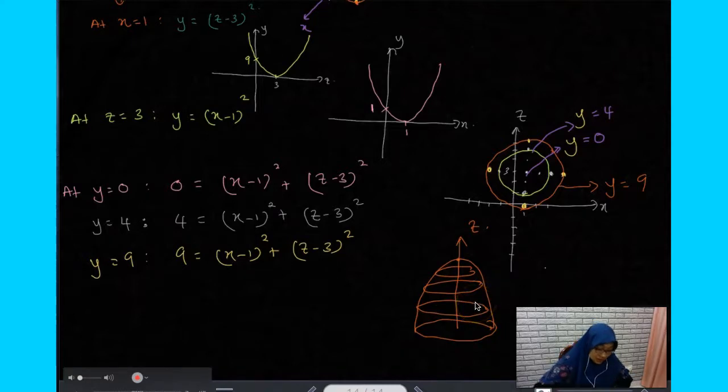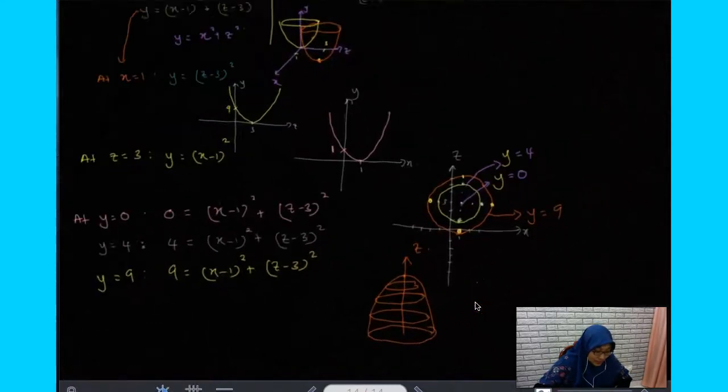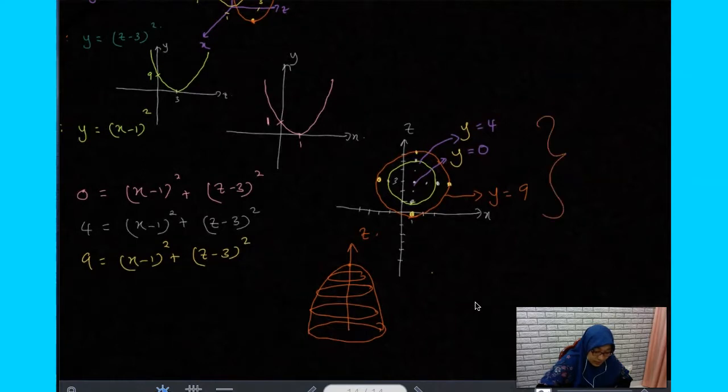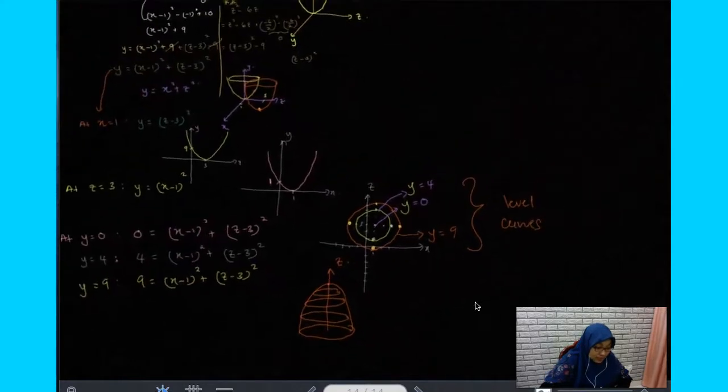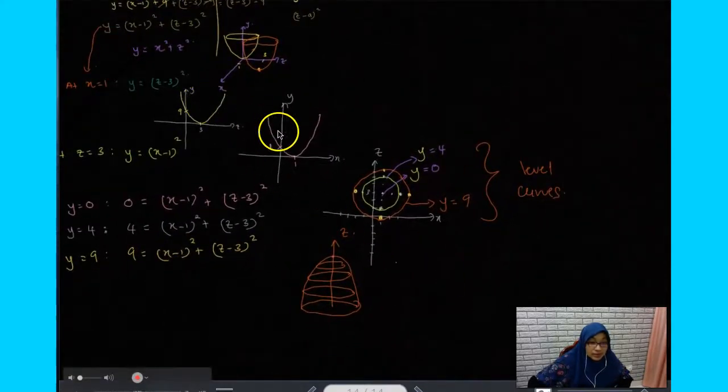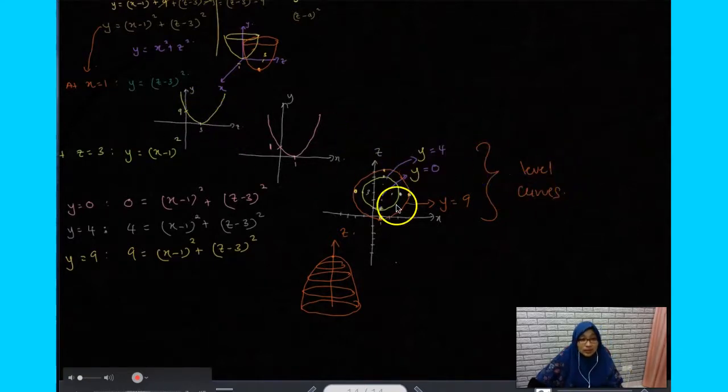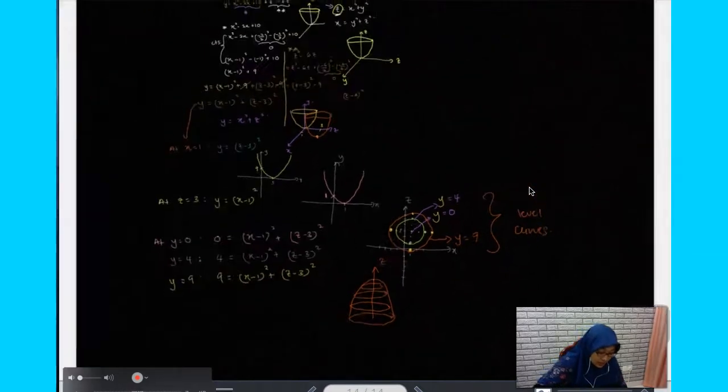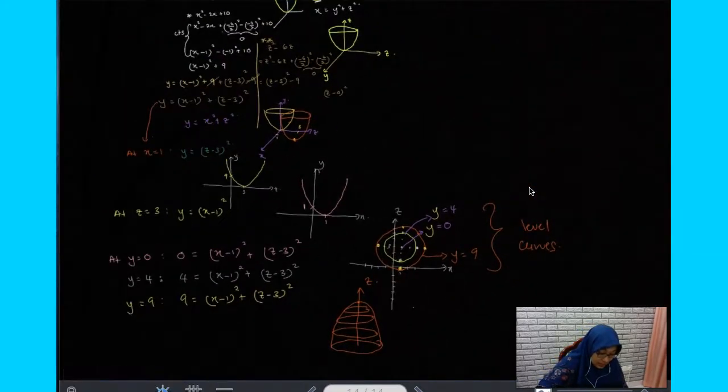Okay, so now that is called level curve. So all these are called level curves. By combining all the traces, these are level curves, part of traces. When you combine all the traces and also the level curves, then we can sketch.